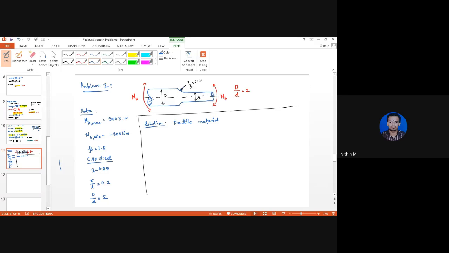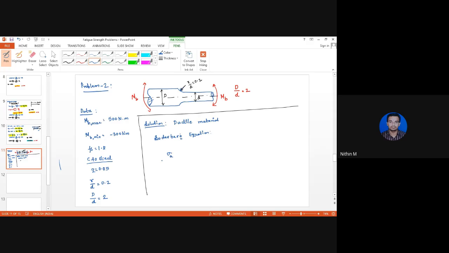So thereby the design equation will be Soderberg equation. Since the material is ductile in nature, the design equation is Soderberg equation. Now what is Soderberg equation?